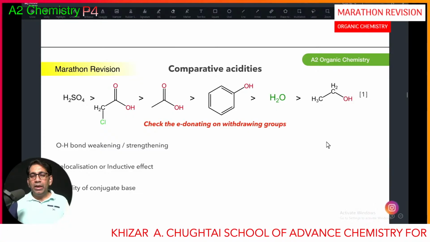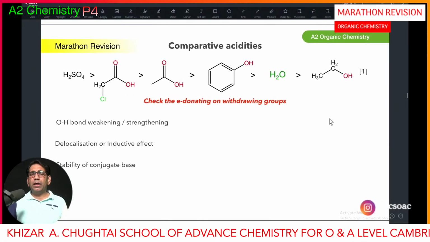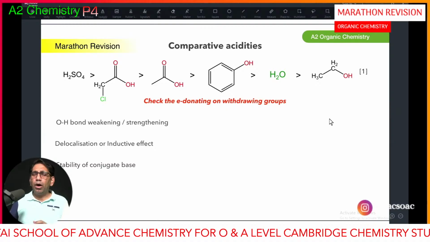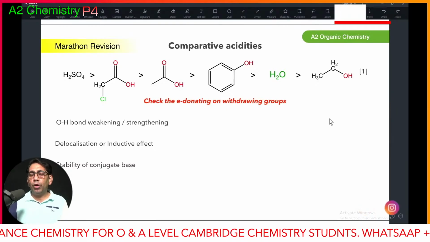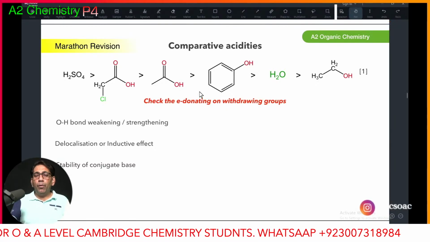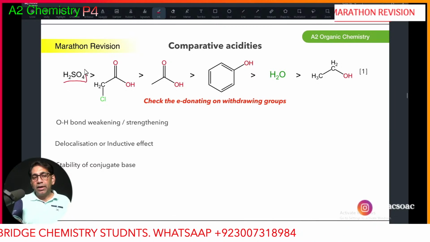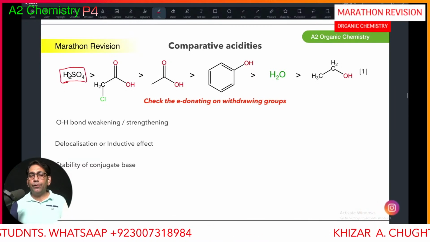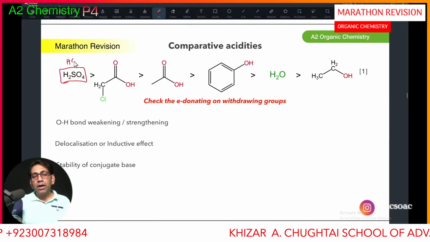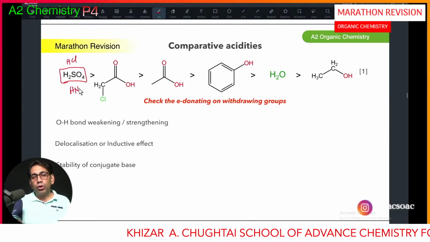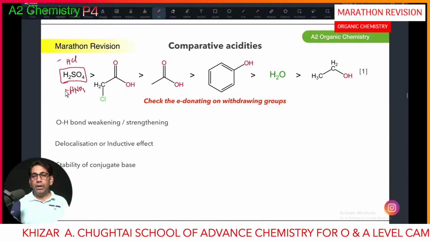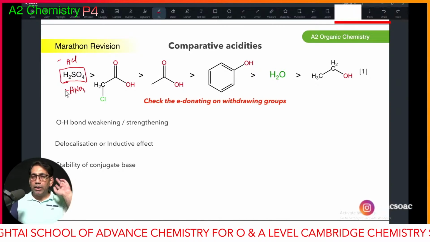The next thing is how to write the answer for comparative acidities and how to write the order of comparative acidity. First of all, number 1, any mineral acid like HCl, H2SO4, HNO3, these are much stronger acids. Mineral acids are at the top.